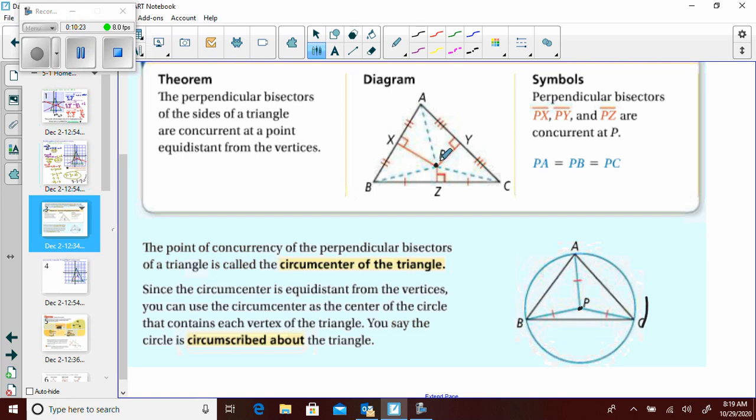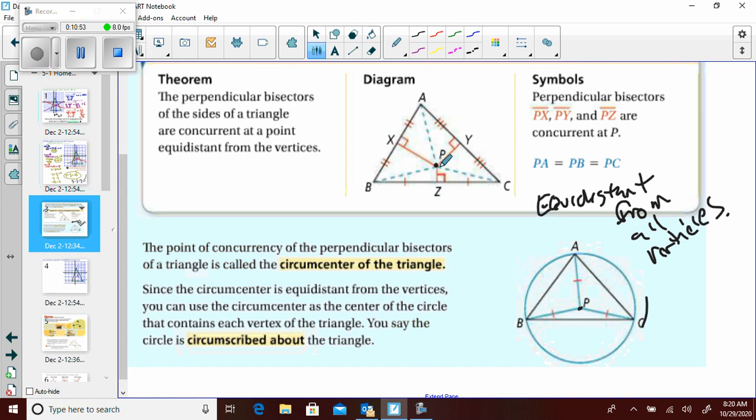The circumcenter is also equidistant from all vertices. The circumcenter is equidistant from all vertices. So this point here is the same distance from P, from B, from C, and from A.